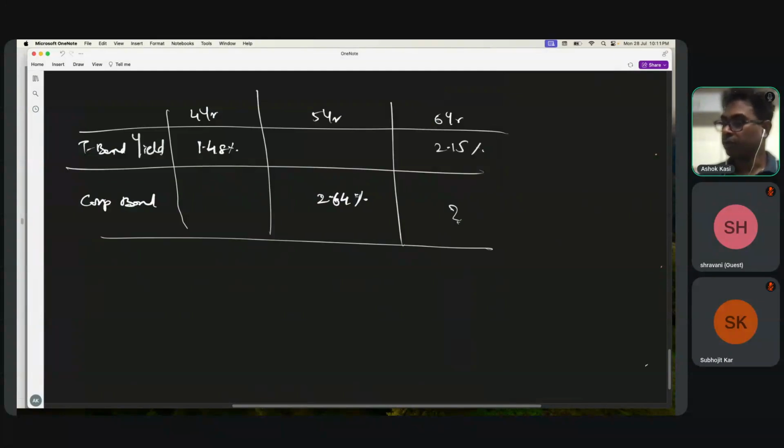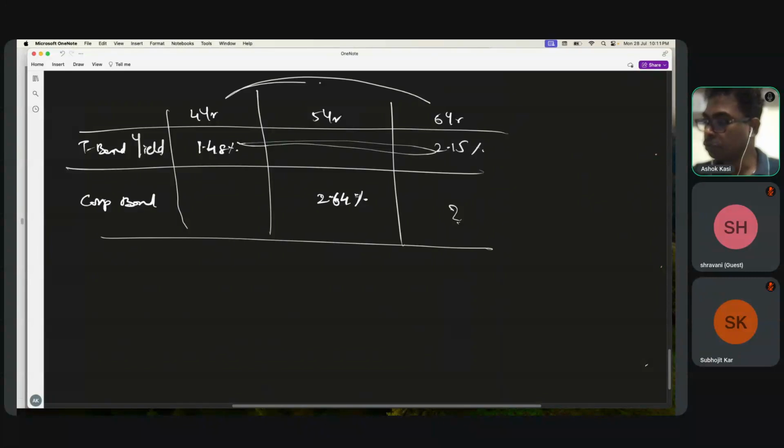So how do I find out? See, between these, what is the spread? Just take the difference. There is a gap of 2 years, so in 2 years, what is the difference? 2.15 minus 1.48 is 0.67. So in 2 years, 0.67.